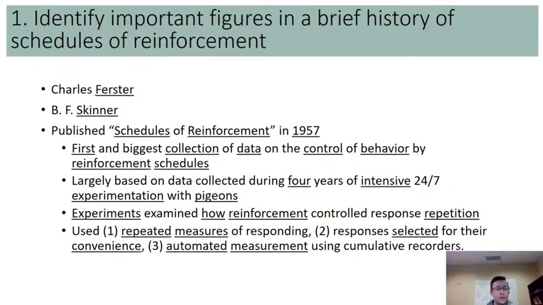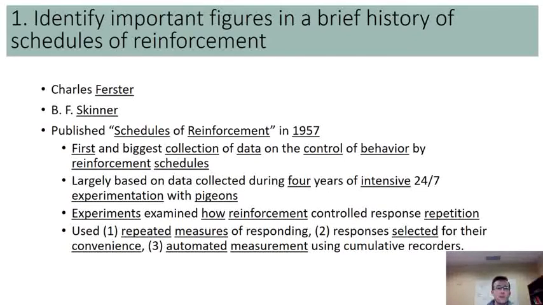And in this research, Ferster and Skinner used, one, repeated measures of responding. Two, responses were selected for their convenience. In other words, they studied pigeons pecking key lights because that was an easy behavior to reinforce and measure.